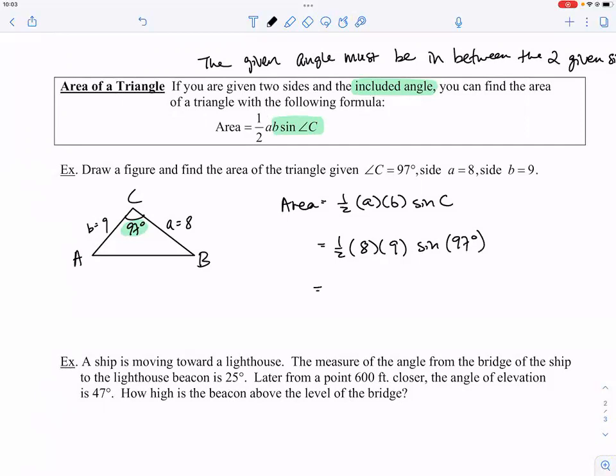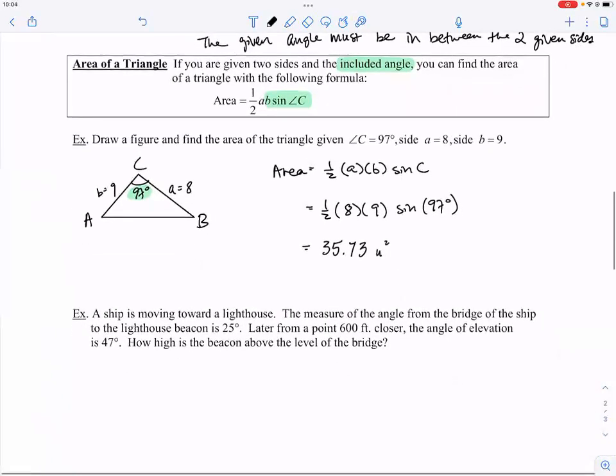You can just go ahead and compute, and you should find out that the area is 35.73 units squared. Again, the angle must be in between the two given sides.